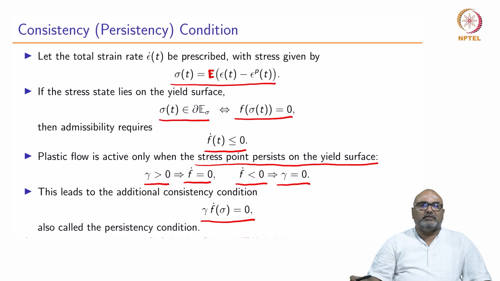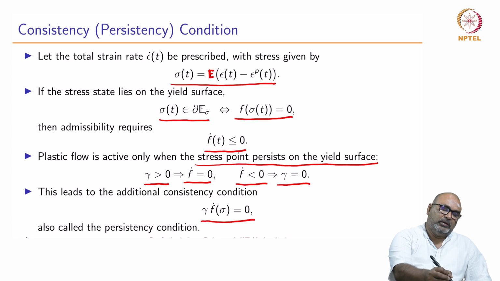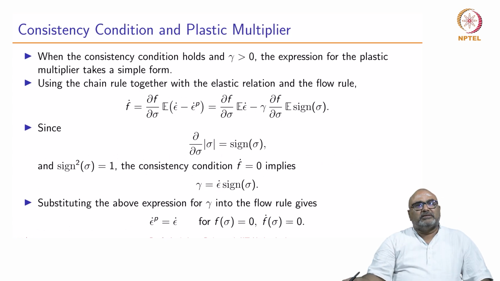That means the change in f can happen on the yield surface and the slip also happens on the yield surface. So, when the consistency condition holds and when the slip rate gamma is greater than 0, the expression for the plastic multiplier takes a simple form.